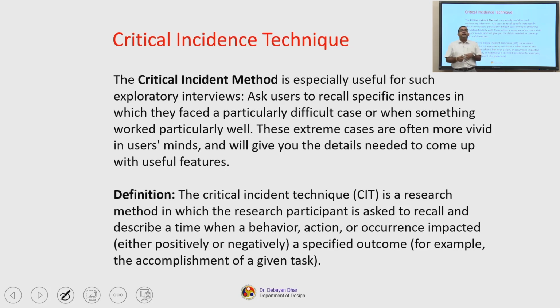So, what is the definition of critical incidence technique? The critical incidence technique is a research method in which the participant is asked to recall and describe a time when a behavior, action or occurrence. So, this is important.